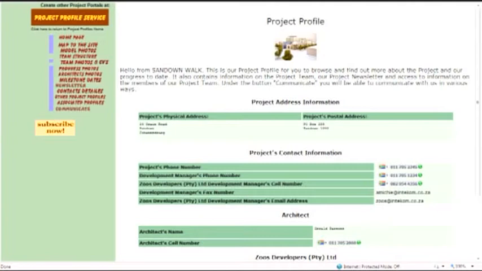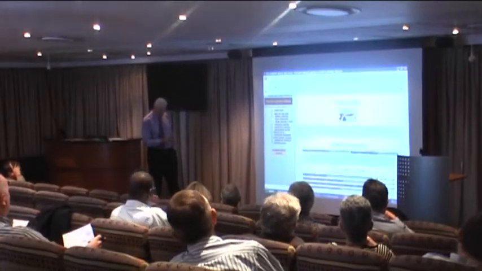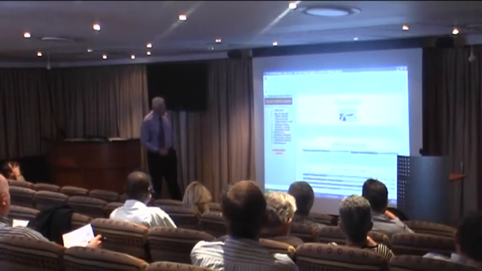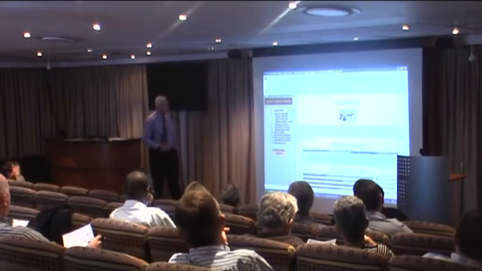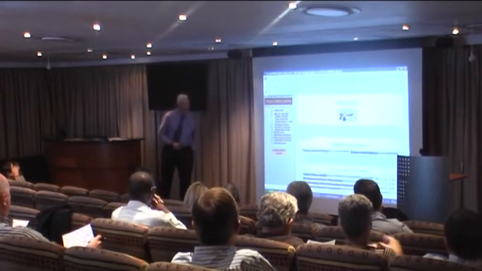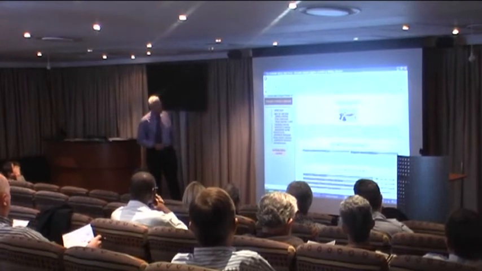There are various aspects, as you can see, on the right-hand side here, various facilities that are available. We're just viewing the information within the project now. First of all, we've got a project profile as such.